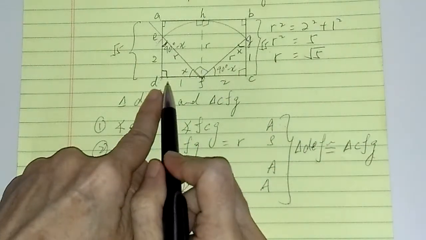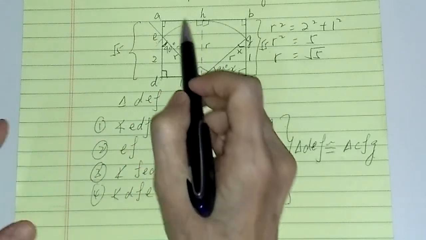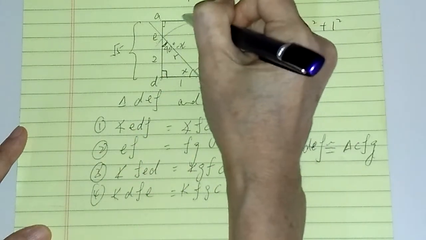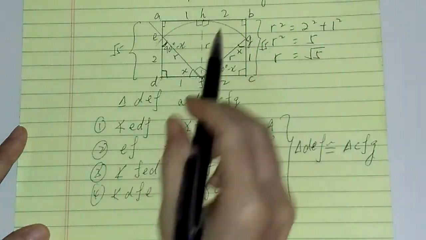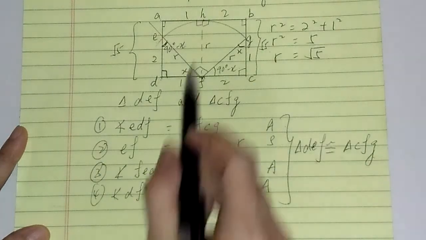So now we know that DC is equal to 1 plus 2, which is 3. AB will be the same, 3. Now we have found the perimeter of the rectangle.